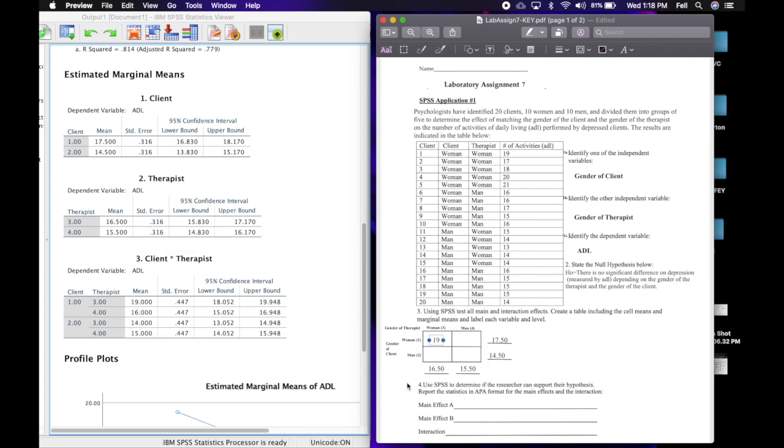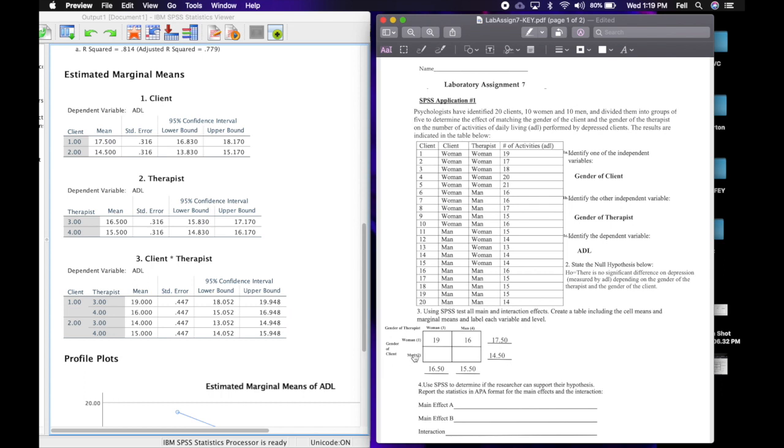So now I'm going to do, let's see, 1 and 4 on the output is this cell here. The gender of the client is a woman, and the gender of the therapist is a man. So 1 and 4 is going to give me a mean of 16. Put that right here, 16. Okay, and then I have 2 and 3.